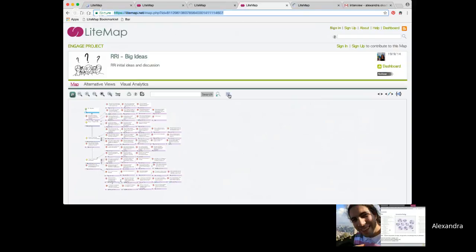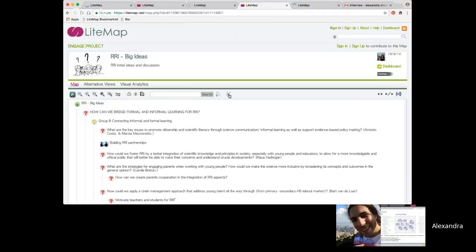And then when you have this linear visualization here, can you see? That information is not going to be nested, because here is all. This is the main question. This was group B, that is your group.